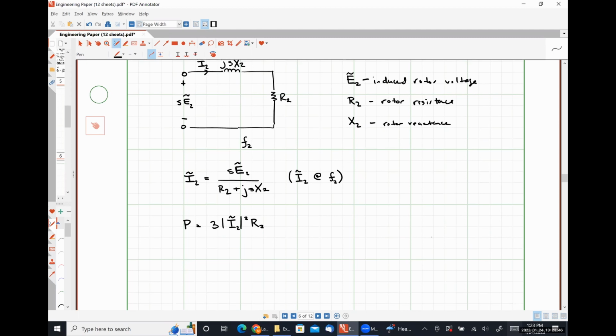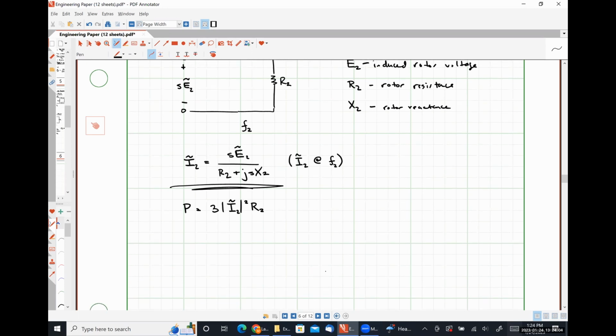So what we're going to do instead is we're going to revisit this equation right here. And we're simply going to factor out s from everything. Okay. So we have a factor of s in the numerator that we can get rid of.